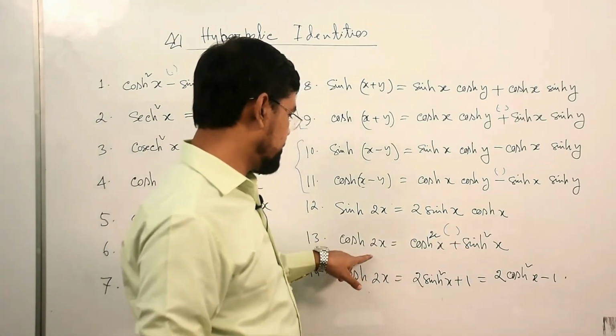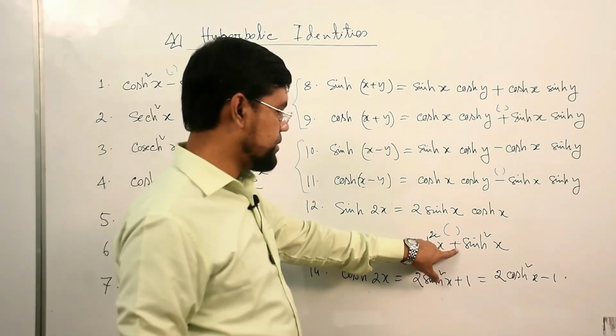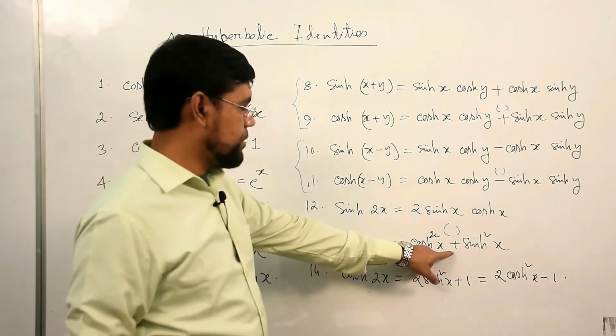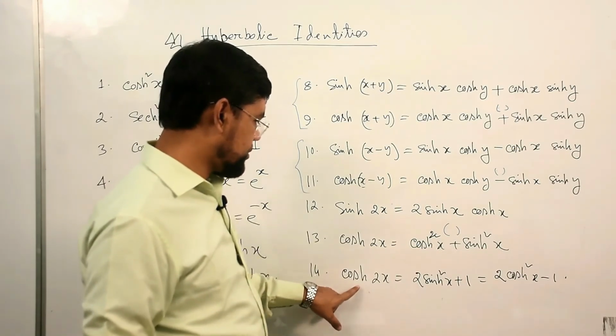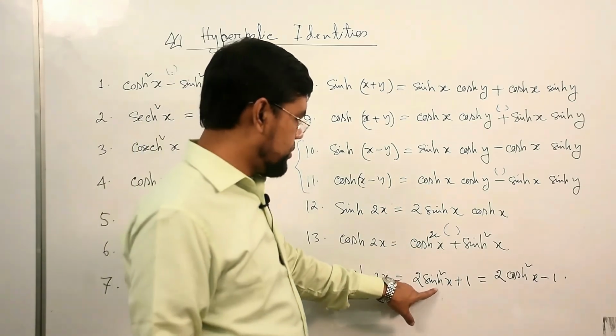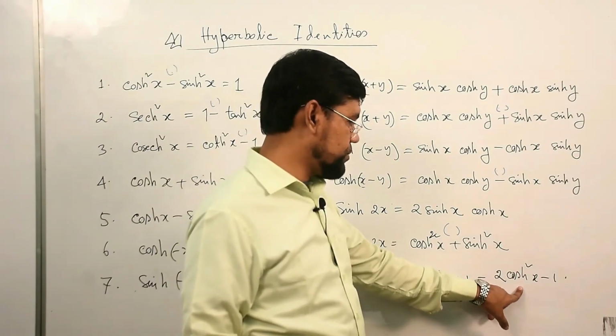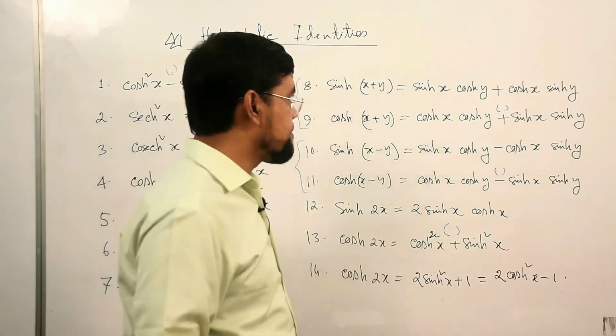But in the normal trigonometric case, this one is negative. From here you can convert it: cosh 2x equals 2 sinh square x plus 1, which is equal to 2 cosh square x minus 1.